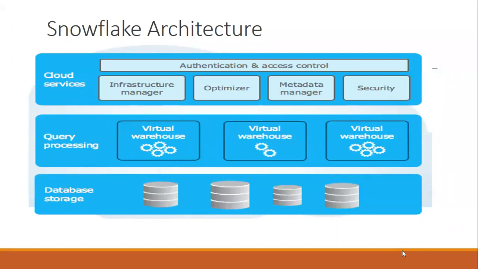Here also the warehouse gets all the instructions from the cloud service itself. How? Let's say I'm running one query, select star from the employee table. Whenever we execute the run option, this query goes to the cloud service. In the cloud service, we have the optimizer, which will optimize the best execution path and fetch the address of the location of the data, in which micro partition the data has been loaded.